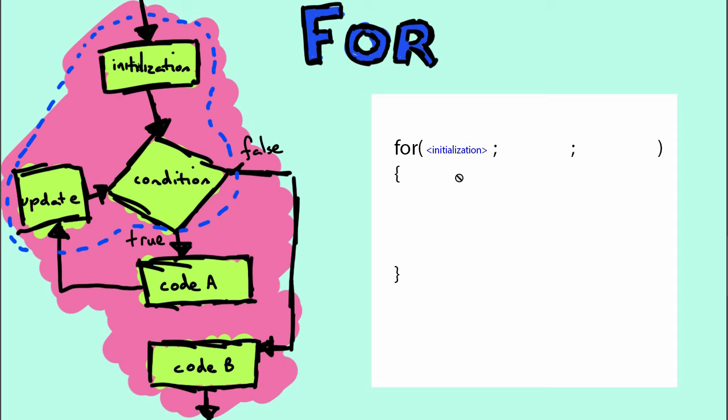The initialization part happens before this semicolon, then we have the condition which happens before this semicolon, and then we have our update which happens after this semicolon. Inside of our braces, we have whatever code is going to be looped, and then outside, after, we have some other code.